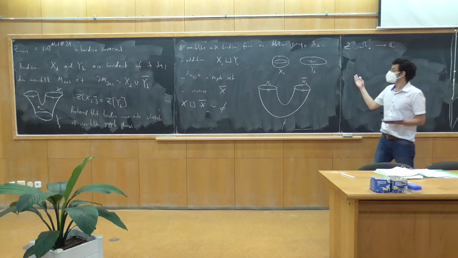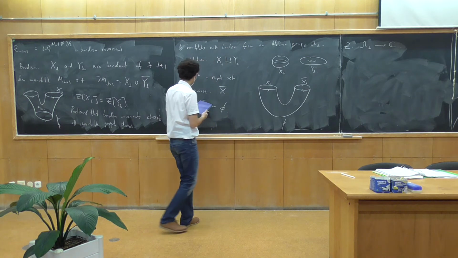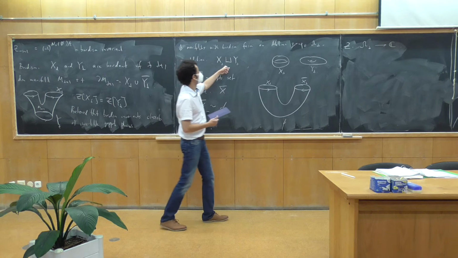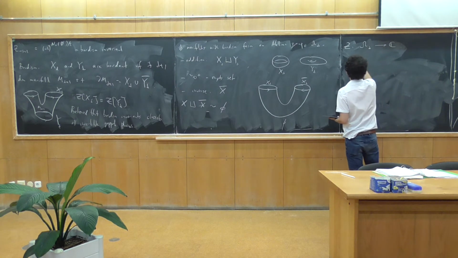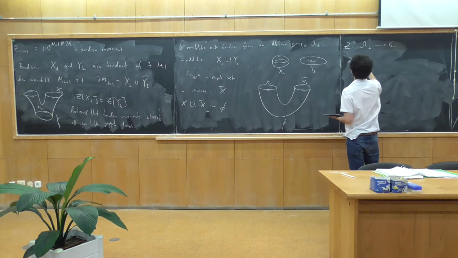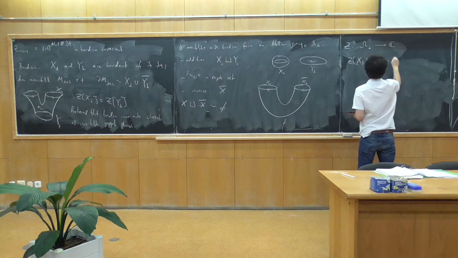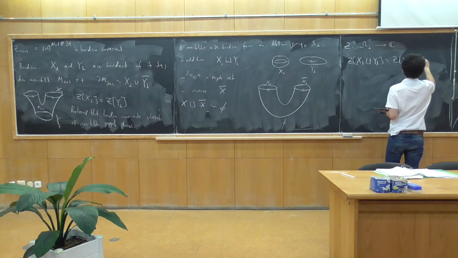And first of all, under disjoint union, it should give us a product of partition functions, right? The partition function of the disjoint union of two manifolds is just the product of the partition functions on each manifold.